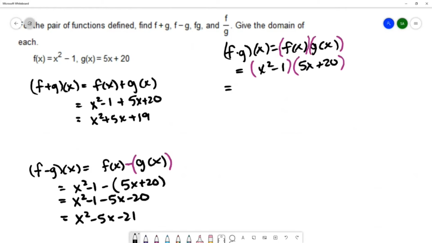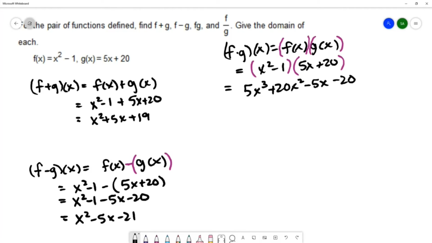So when we multiply, we're going to do x squared times 5x, that's 5x cubed. x squared times 20 is going to give me 20x squared. Negative 1 times 5x, it's a minus 5x, and negative 1 times 20 is a minus 20. We don't have any like terms there, and so we won't combine them.